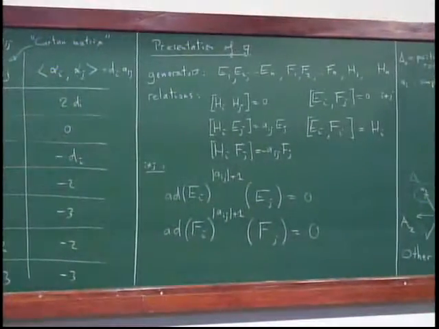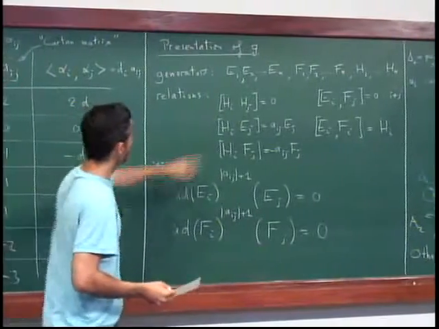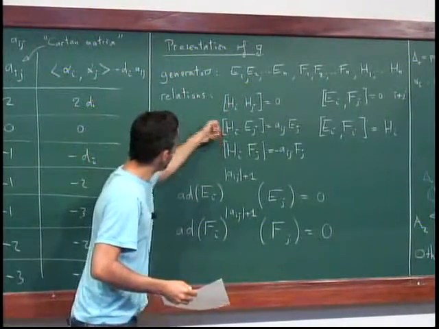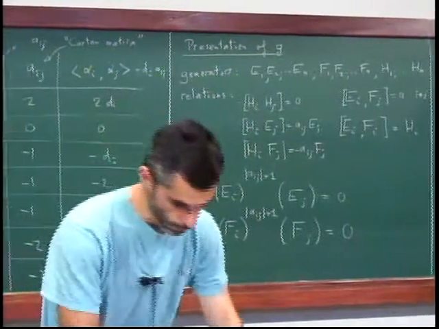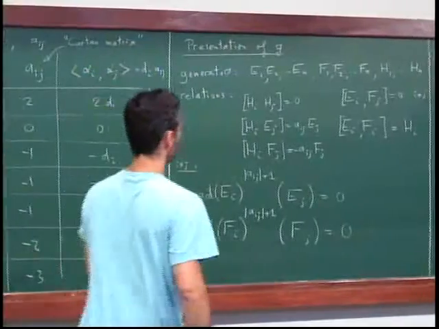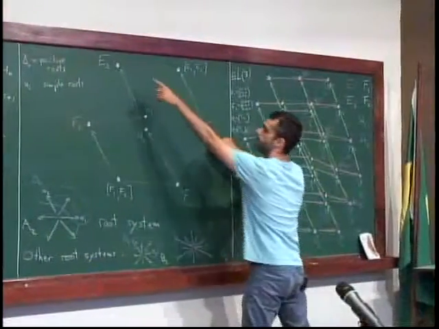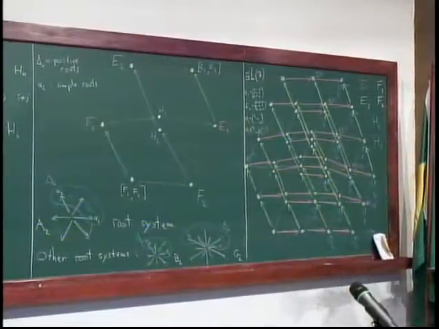So let's decode a little bit these relations. So, okay, the Hi commute, that's fine. These two relations here are just saying in these pictures where the Ei and the Fi live. So everything inside is graded.